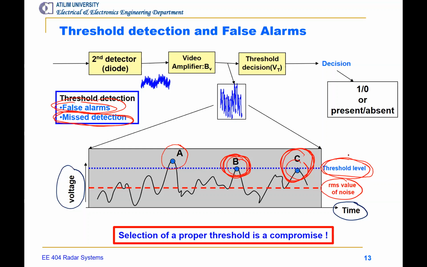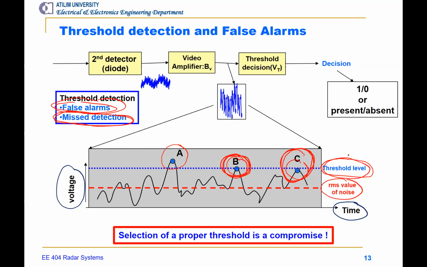So there should be a compromise. There should be somehow a logic for how to tune this threshold, and it's very much related to the noise level of the receiver or clutter in the environment.